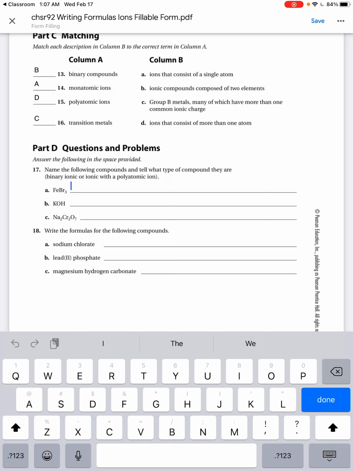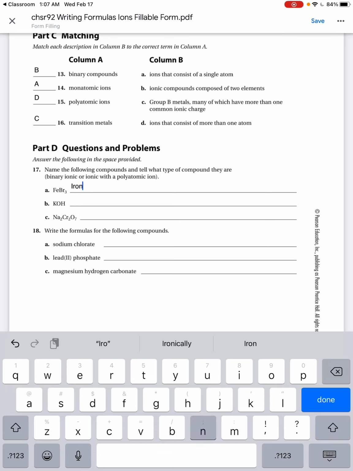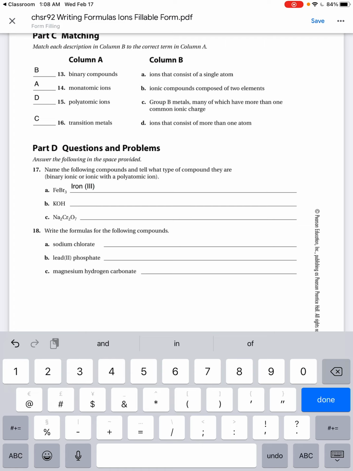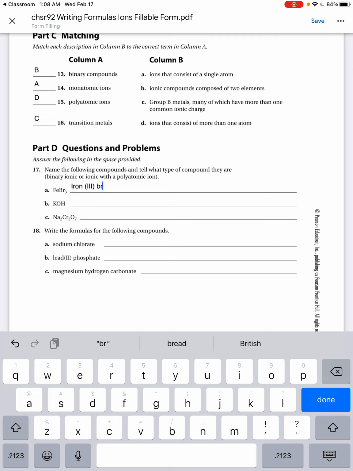Iron's a transition metal, so it has more than one charge, so this is iron, and I need to go to my parentheses, iron (III) bromide, and this is binary ionic.